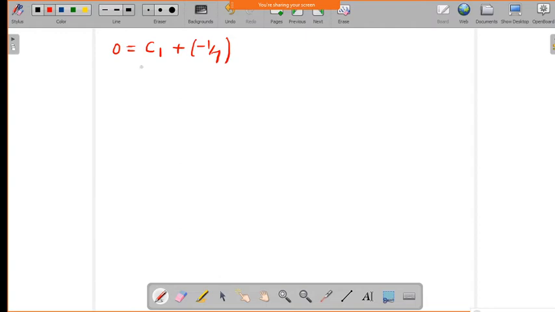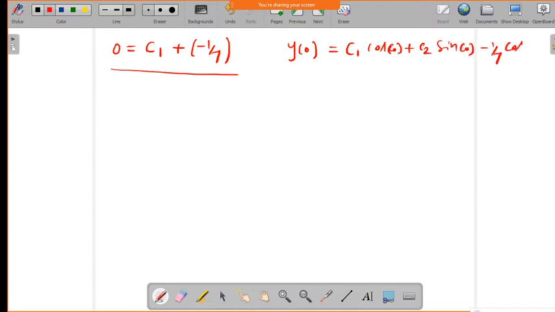So, this will be the equation for y of 0, which is nothing but C1 into cos 0 plus C2 into sin 0 minus 1 by 7 into cos of 0, that is 4t, which will become 0.